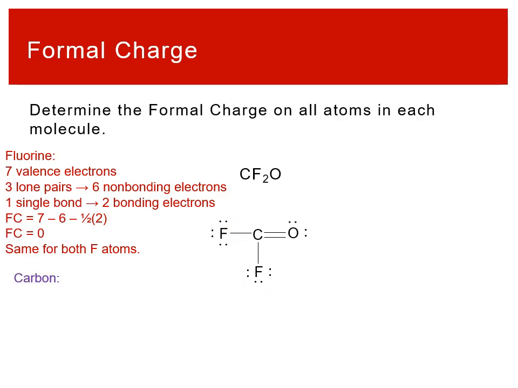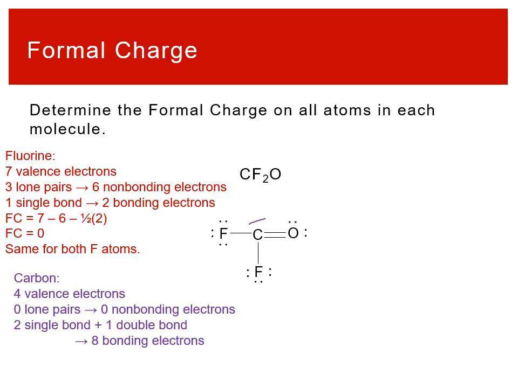Okay, so let's take a look now at carbon. Carbon always has 4 valence electrons. Again, that just comes in, it's a property of the atom. It doesn't have any lone pairs. We can see there's nothing around this central atom, so there's 0 non-bonding electrons. It does have the 2 single bonds and 1 double bond. We know each of the single bonds is 2, so it's 2 times 2, and the double bond is 4, so 2 times 2 plus 4 gives me 8 bonding electrons overall around that carbon.